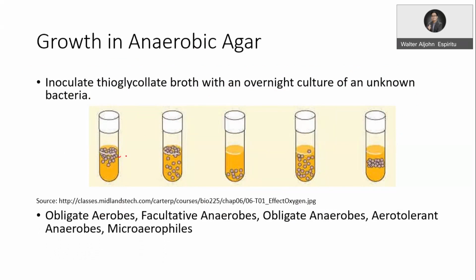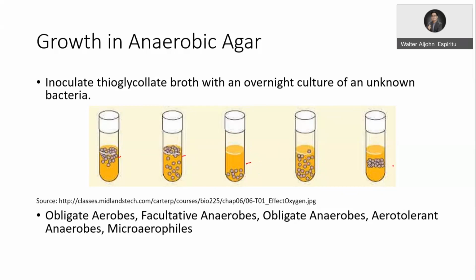We also have the facultative anaerobes, which means that they can grow in the presence or in the absence of oxygen. Obligate anaerobes cannot grow in the presence of oxygen, so they only grow at the bottom of the container where oxygen concentration is very low. We also have the aerotolerants, which can tolerate small concentrations of oxygen, but it is better that they grow without oxygen.